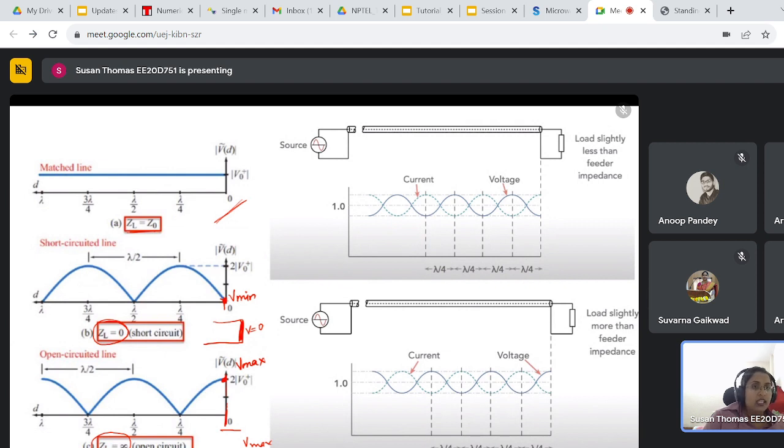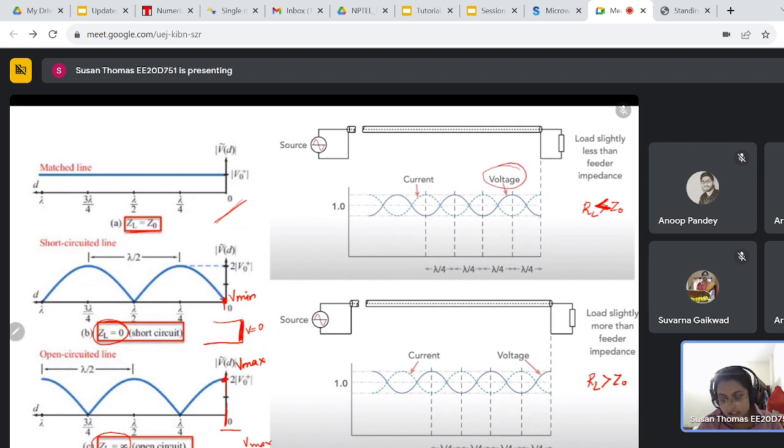What happens if the load impedance RL is slightly greater than the characteristic impedance, or slightly less, that is RL less than Z0 and RL greater than Z0? These are the two conditions I would like to discuss now. The dotted line here is the current waveform and the solid line is the voltage waveform.